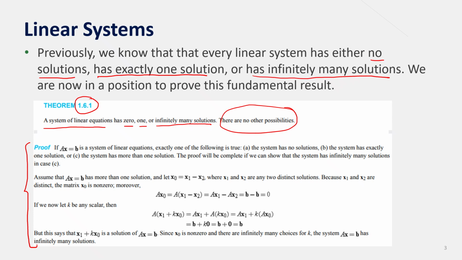Then you can use another approach called algebraic operations. It involves techniques like substitution, elimination, or matrix row reduction, like what you are going to learn later on.